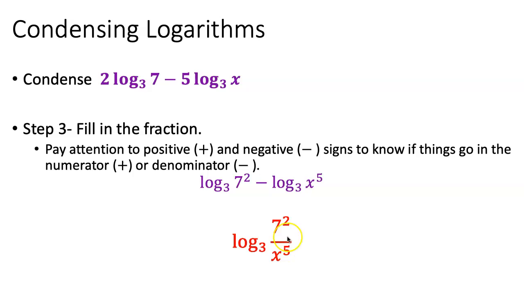So that's how come these positive terms end up in the numerator and the negative ones end up in the denominator. And we can now simplify 7 squared. We could have done that earlier. And we get log base 3 of 49 over x to the 5th. We took those two logarithms with the same base and smashed them, or condensed them, into one.